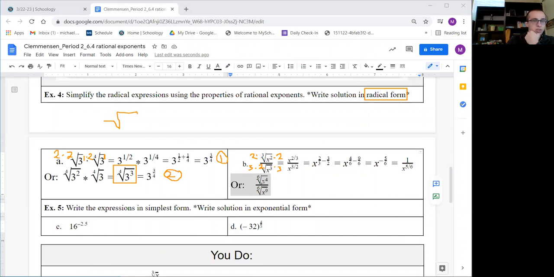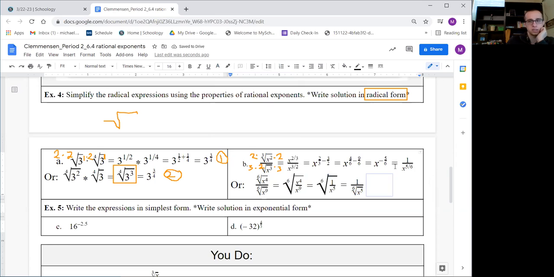Now they have the common 6, so I can combine them into 1. And then divide them. I do some more simplifying, and I end up with this right here. Now you can see that these are going to match, but since I want it in radical form, I should actually leave it in this form right here.